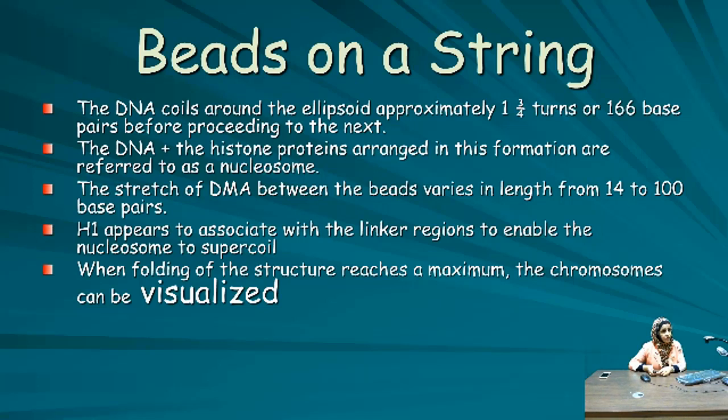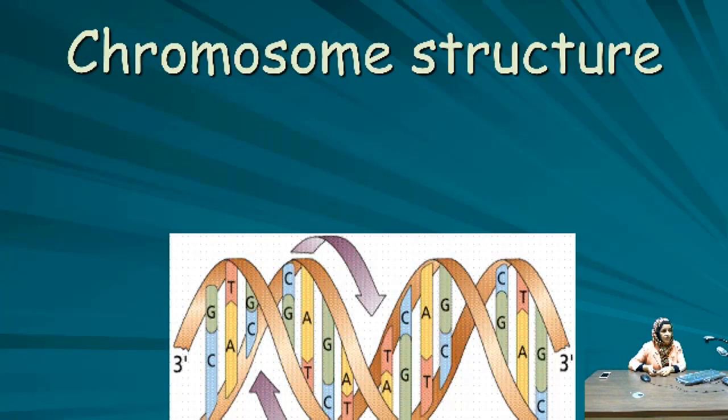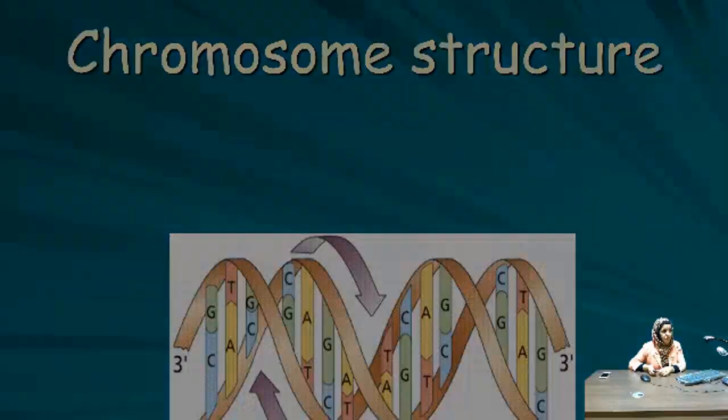The stretch of DNA between the nucleosomes, the linker, varies in length from about 14 to 100 base pairs. H1 appears to associate with the linker regions to enable the nucleosome to supercoil. When folding reaches its maximum, the chromosome can be visualized. This figure shows the chromosome structure.